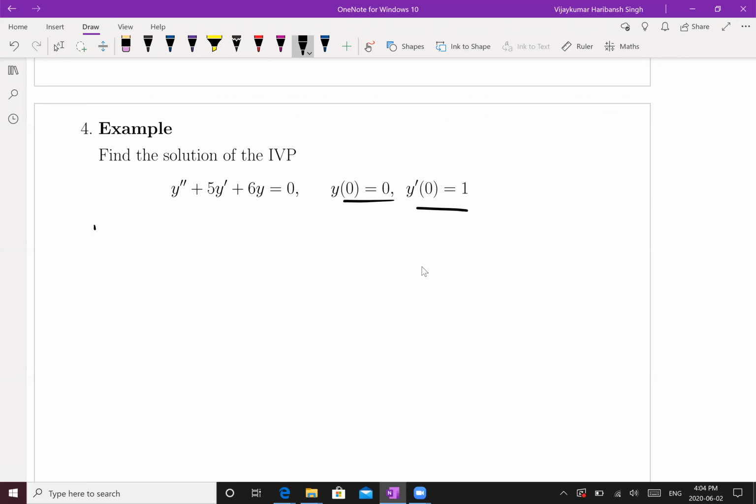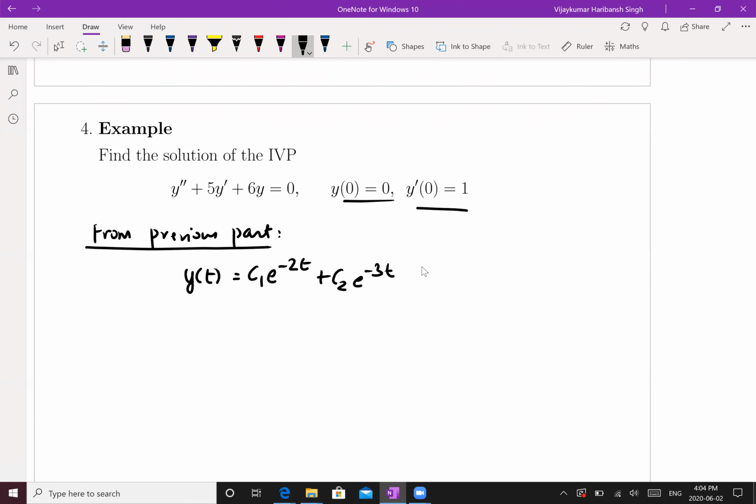From the previous slide, we have y of t equals c1 e to the power minus 2t plus c2 e to the power minus 3t is a solution. Now you are given initial conditions so that we can pick out the unique solution.